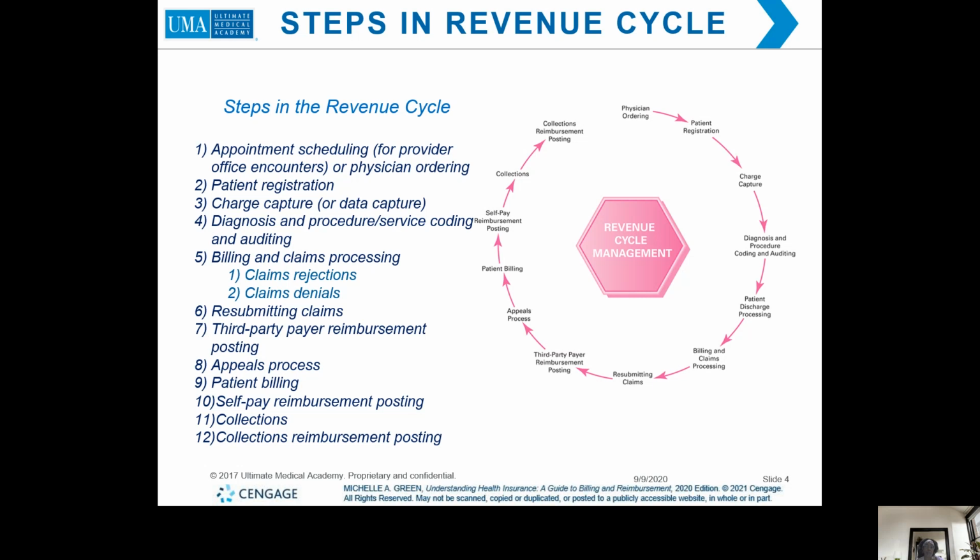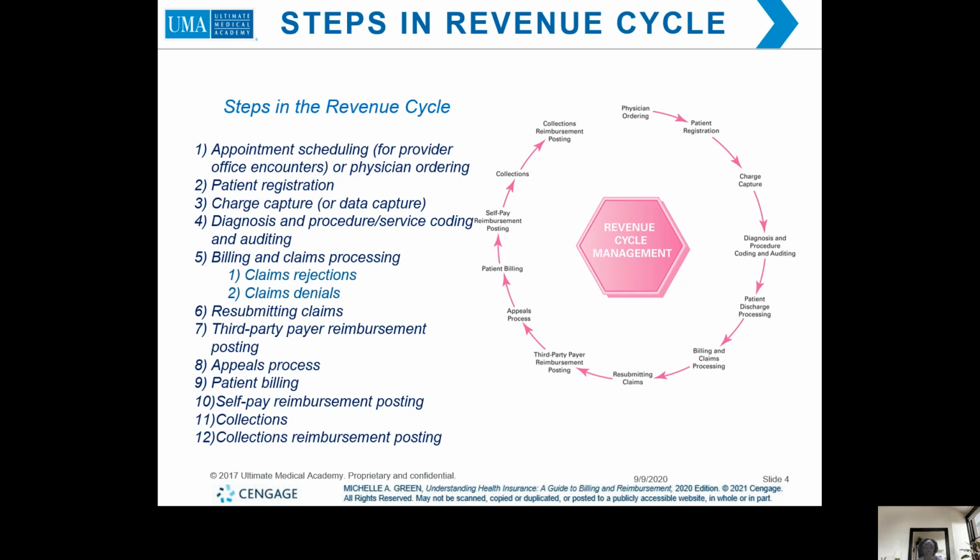So then what happens? We have the billing and the claims processing, right? You can get a claim rejection, or you can get claims that are denied, and there's a process that you go through. And then hopefully you can resubmit those claims.